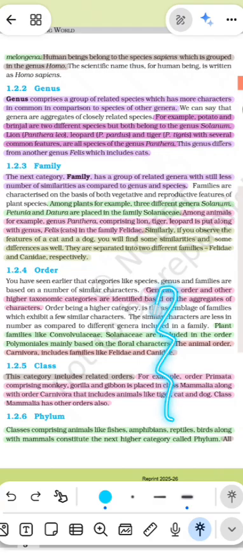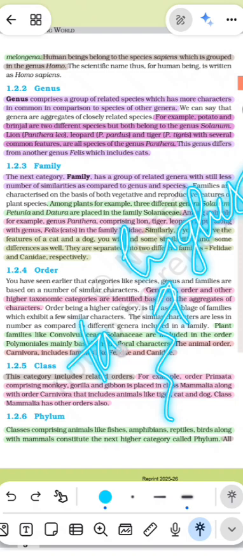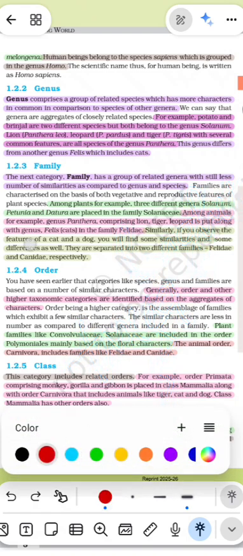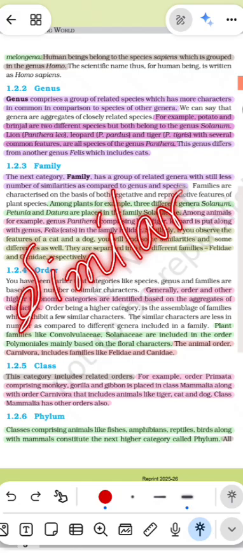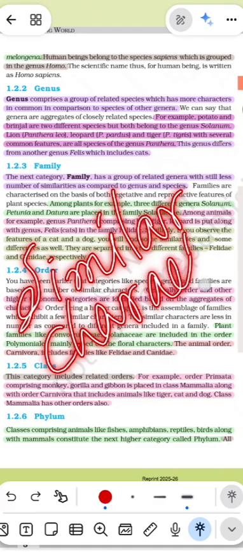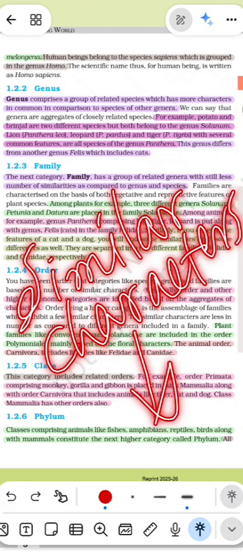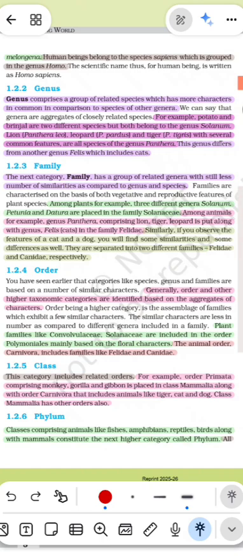So again we are seeing that when we go forward to higher taxa, the similar characters go decreasing. Other higher taxonomic categories are identified based on aggregates of characters. Order being a higher category is the assemblage of families which exhibit few similar characters. The similar characters are less in number as compared to different genera in a family.